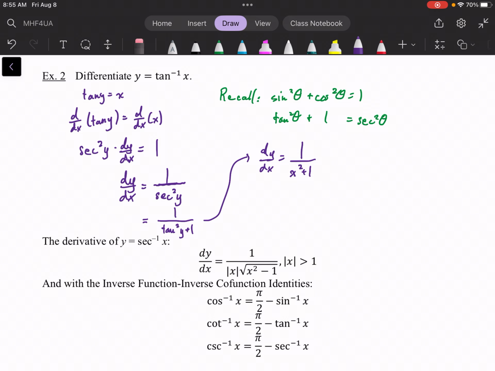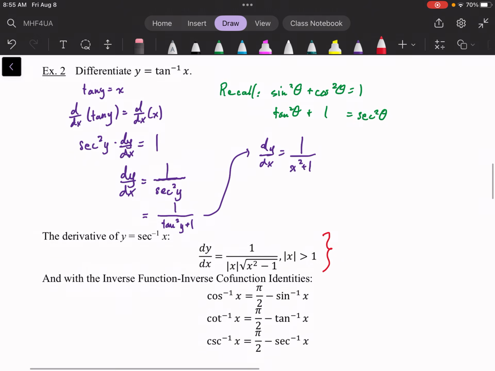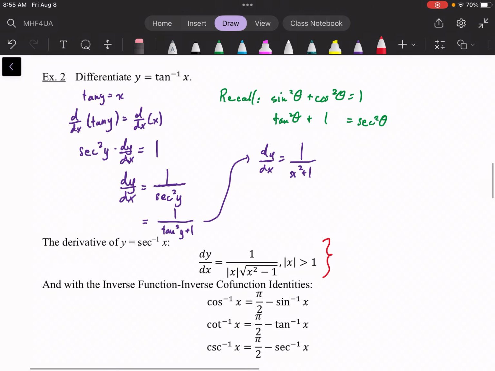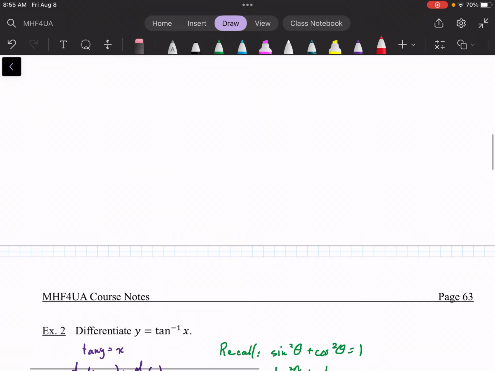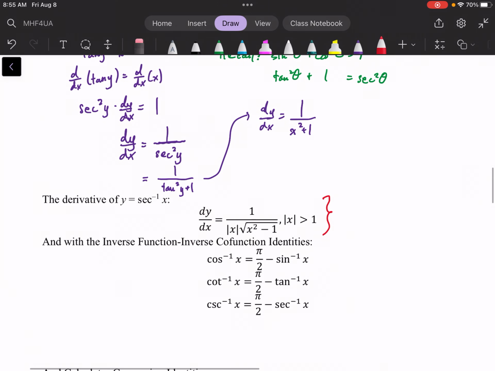Now you can find the derivative of cosine inverse and all the other functions. That's just to show you. The derivative of secant inverse of x turns out to be this expression, which looks similar to the derivative for sine inverse, just with some small changes. As you'll notice, the x squared minus 1 underneath the square root has changed.